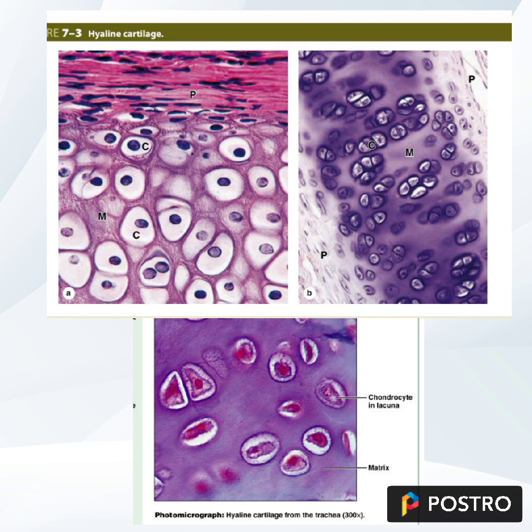The territorial ECM, that space immediately surrounding the cells, as you can see in those diagrams, appears deeply stained simply because it has more glycosaminoglycans than type 2 collagen. But the interterritorial ECM appears pale.